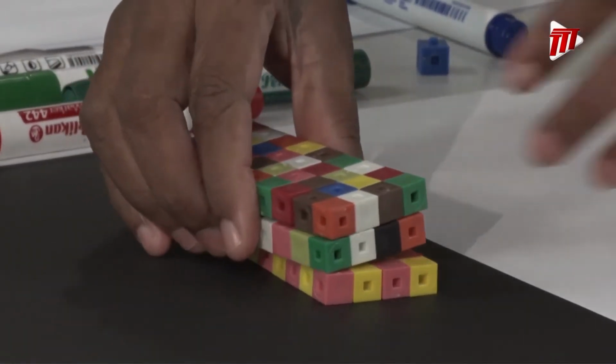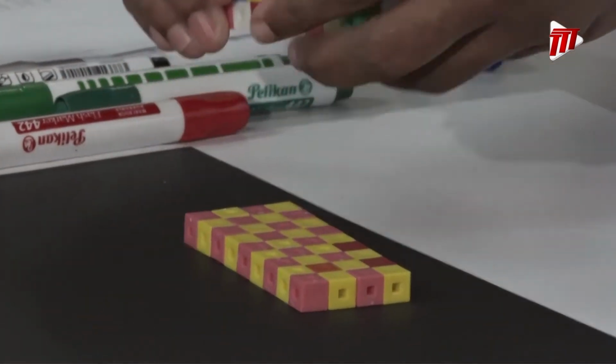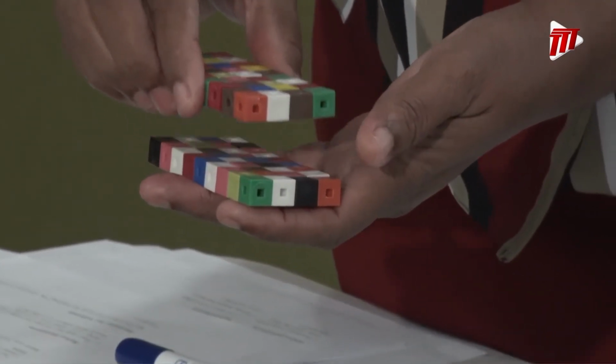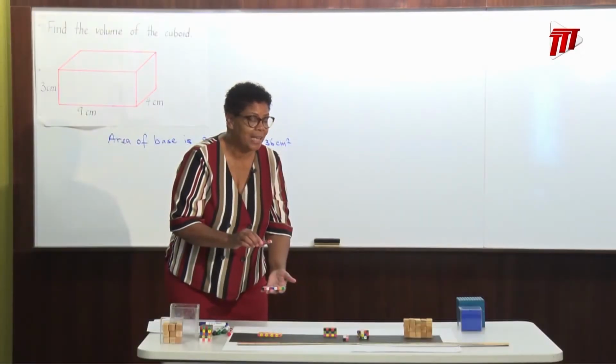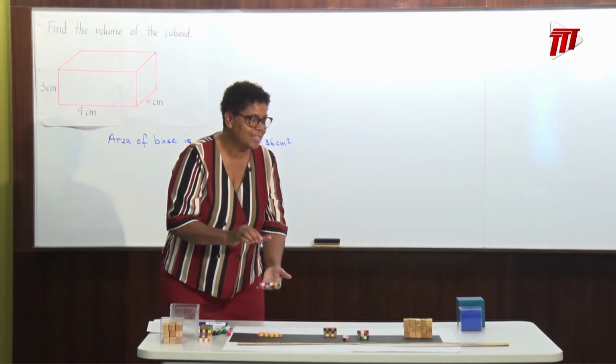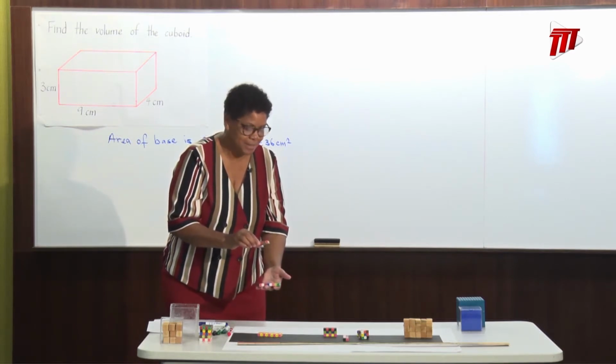Just like the base, we have 3 layers that each has an area of 36 square centimeters.